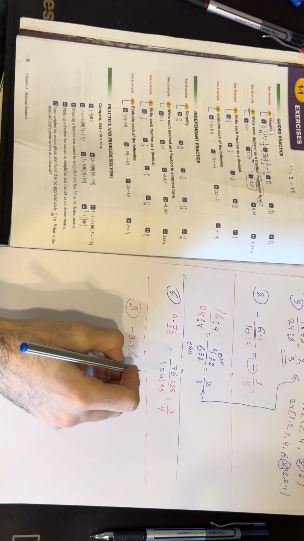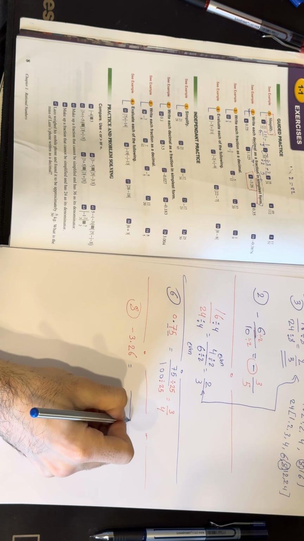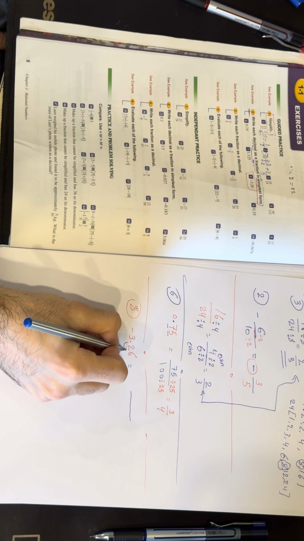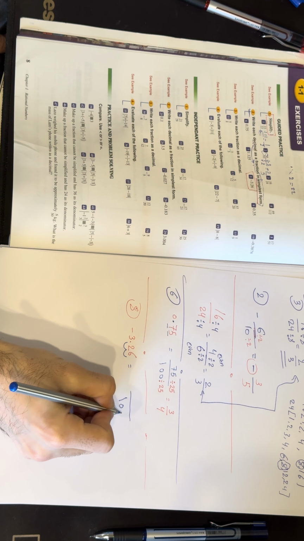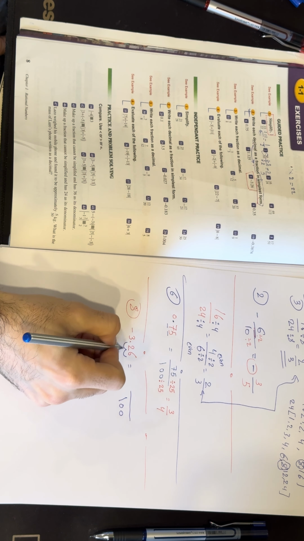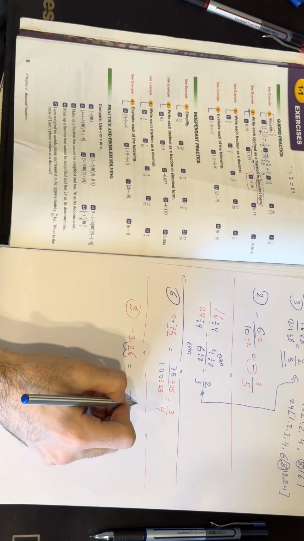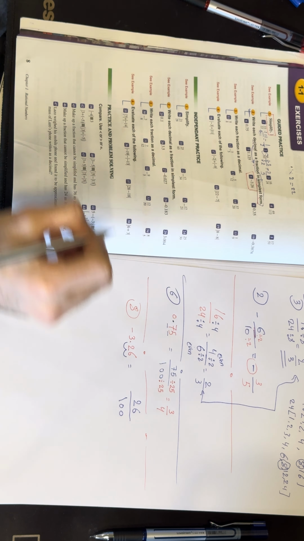So what I'm going to do, like we said, the first thing is write the fraction. How many digits do I have after the decimal? 2. So that means I'm going to add 00. Then what is the number after the decimal? It's 26. So I'm going to write 26 here.